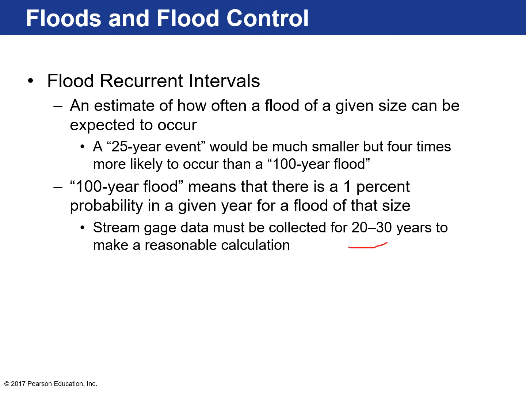Good data is 20 to 30 years of stream gauge data, understanding the ebbs and flows of local climate with rain and low pressure and how often the river floods. So the more data you have, the better you can predict how often these flood events will occur, because they're going to occur.